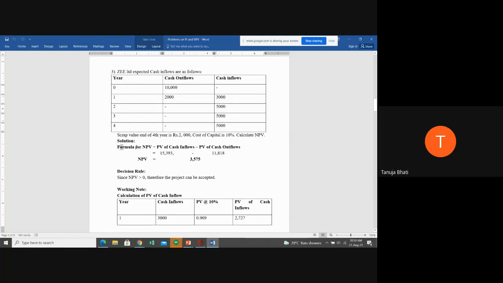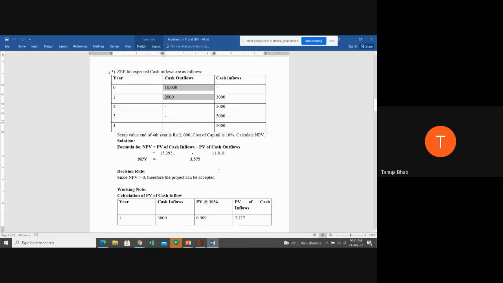So let us see the solution. Formula for NPV is PV of cash inflows minus PV of cash outflows. Did everyone logically understand why a working note is required to calculate PV of cash outflows and why we have not directly written 12,000?